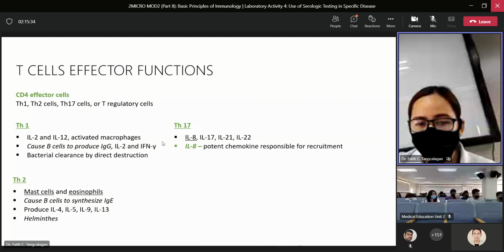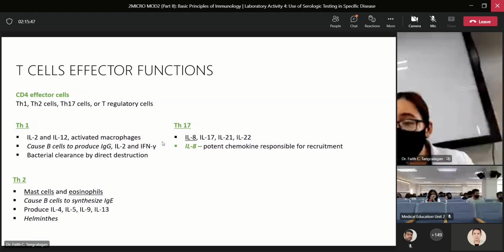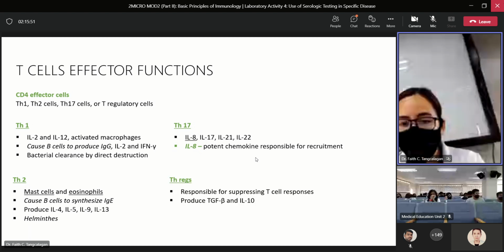What's the function of your chemokine? It attracts a lot of neutrophils to be recruited for fighting against microbial invasion.